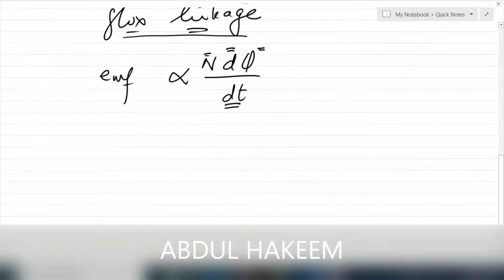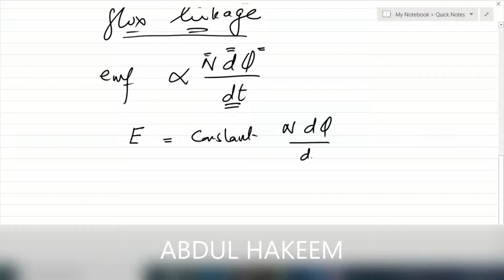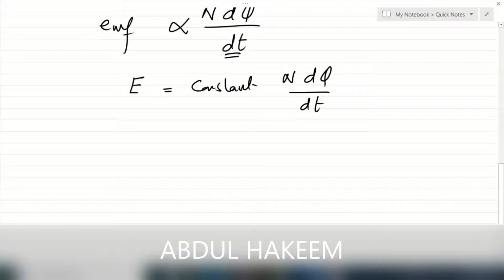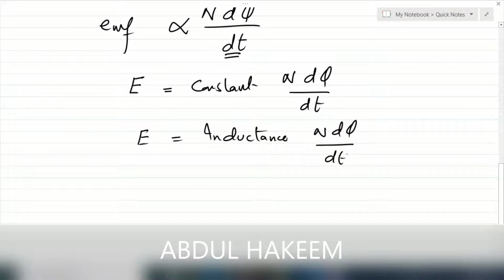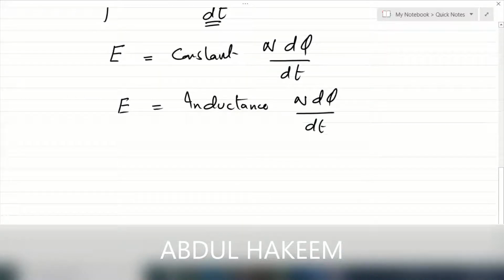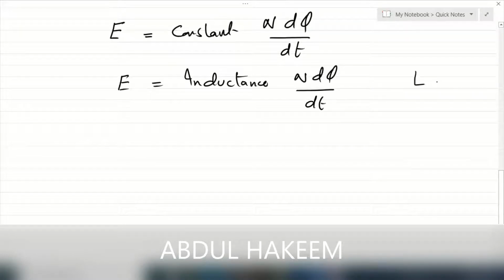So when EMF is written, E equals a constant times N d phi over dt. Now the constant is inductance. For A level this is considered exactly 1, meaning 100%.